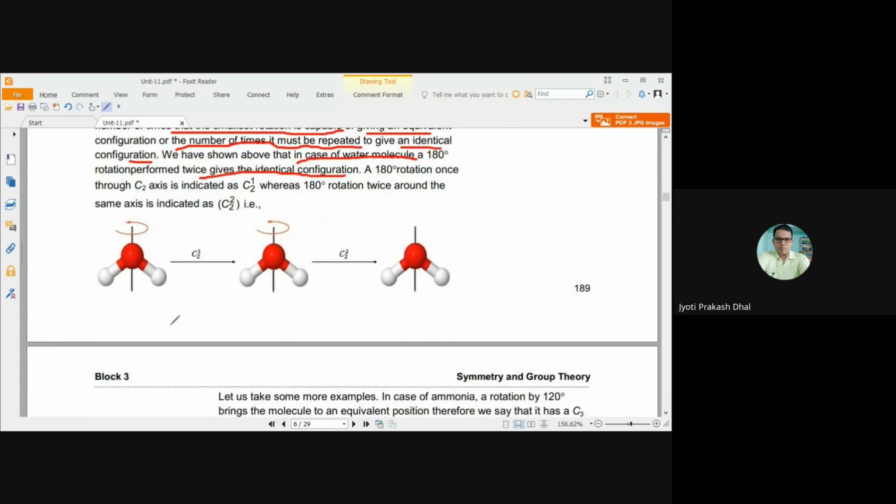So in the water molecule the axis of symmetry is the C2 axis, and after the first 180-degree rotation we get an equivalent configuration, called C2^1, and after the second rotation we again get the identical configuration, called C2^2.